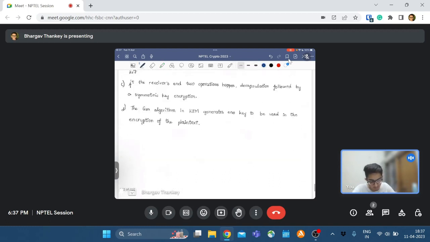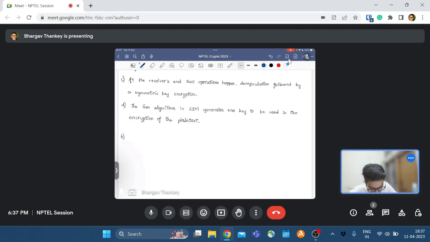The correct statement is this: the first part of the ciphertext is an encapsulation and not an encryption.